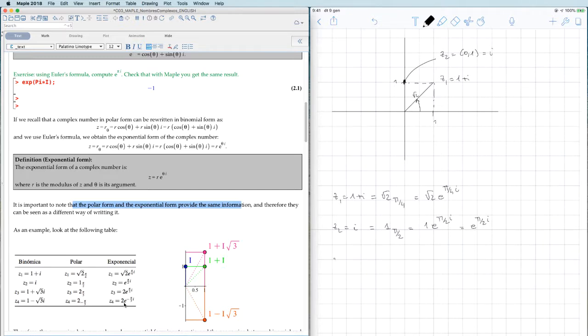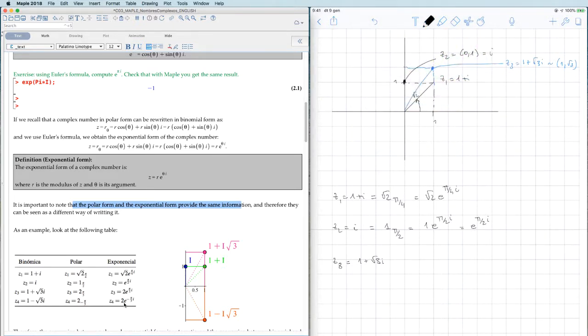The third number that we are given is 1 plus the square root of 3 i. Let me change colors. So we have 1 plus the square root of 3 i, more or less something like this. This is our number, which is equivalent to the point (1, square root of 3).